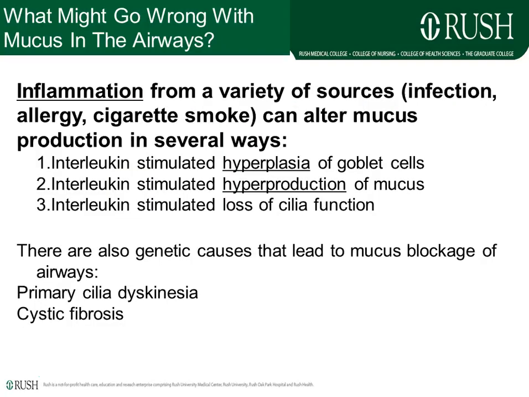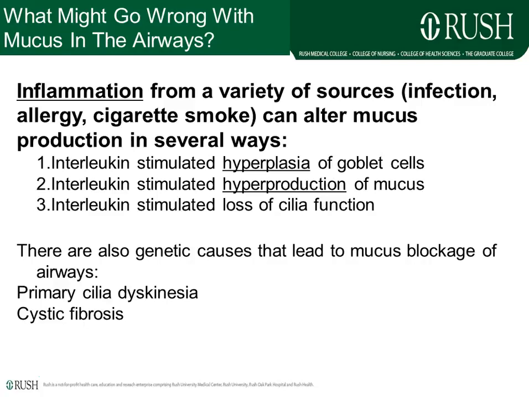So what goes wrong? Well, inflammation can get started from a variety of sources. You can have infection, you can have allergy, you can have environmental irritants like cigarette smoke or dust. All of those can alter mucus production.